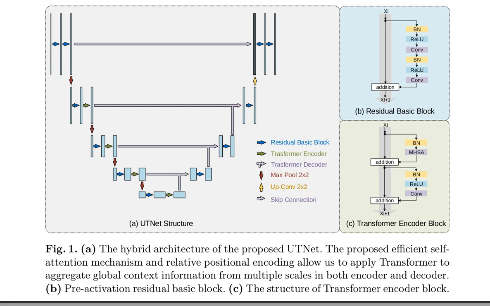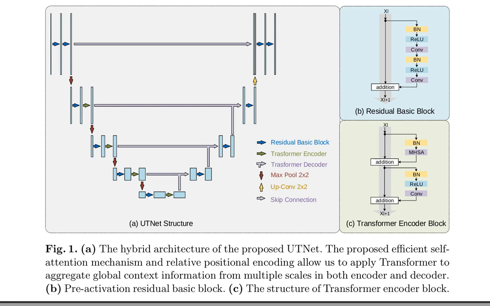Exactly. And the ablation study for UTNet revealed some really interesting insights. They found that the strategic placement of the self-attention modules mattered, especially at higher levels where the model is working with fine-grained details. They also confirmed that their efficient self-attention mechanism with its specific reduced size was the sweet spot for balancing performance and efficiency. It sounds like they really fine-tuned this model to squeeze out the best performance. They did.